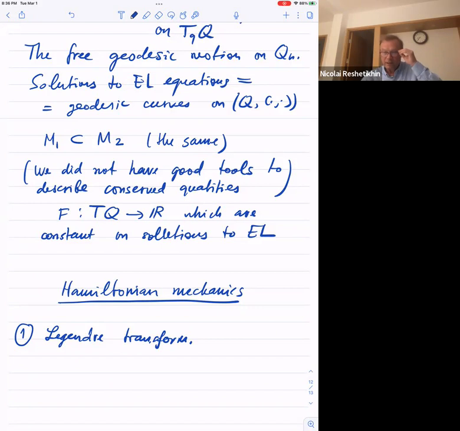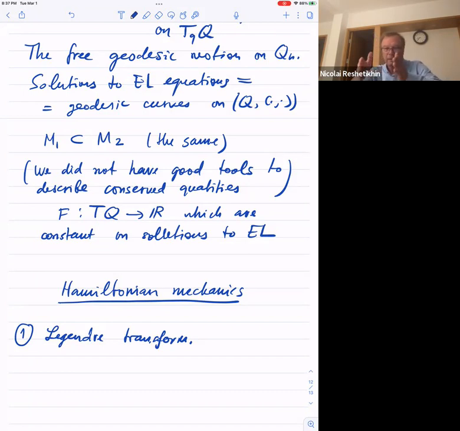I can answer this question now. You have conserved quantities, the energy for any Hamiltonian system, and this constrained potential simply means the following: you fix the value of your Hamiltonian, and you're looking for trajectories with this energy value.